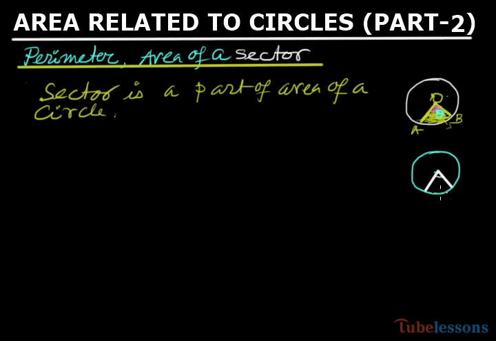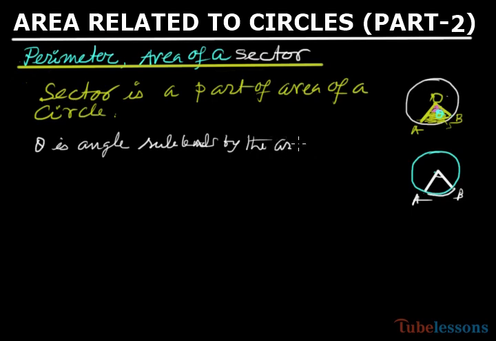So theta is the angle subtended by the arc AB.